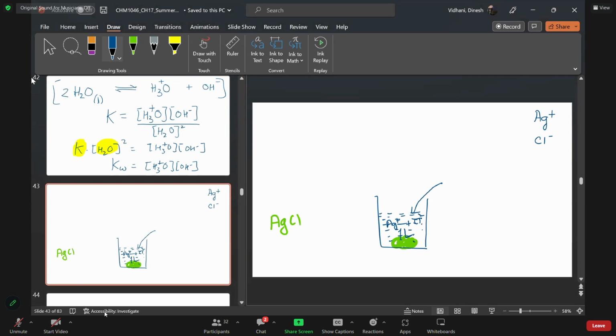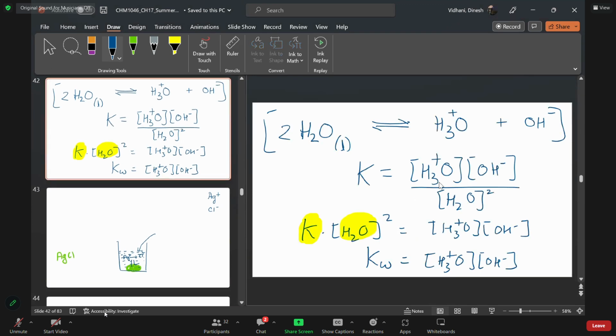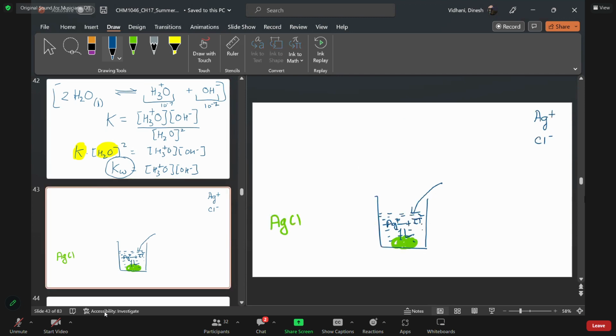Just like in the autoionization of water, the amount of hydronium ion was 10 to the power -7, and the amount of hydroxide ion was 10 to the power -7, so Kw was 10 to the power -14. Exactly the same way, we will see very tiny amounts of silver ions and chloride ions in the solution, and they are related to this equilibrium.